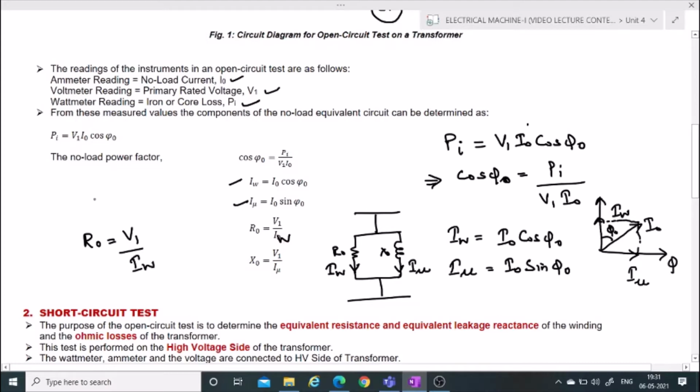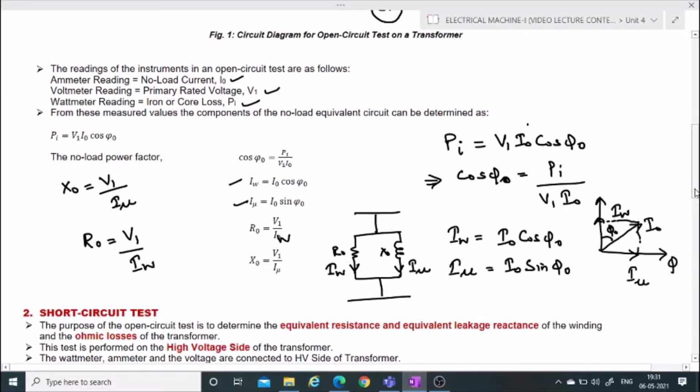Similarly, X naught can be calculated as, in parallel the voltage is V1 and the current through X naught is I mu. So X naught is V1 by I mu. So these are the parameters which can be calculated from the open circuit test: cos phi naught, I naught, X naught, R naught, and the core losses.